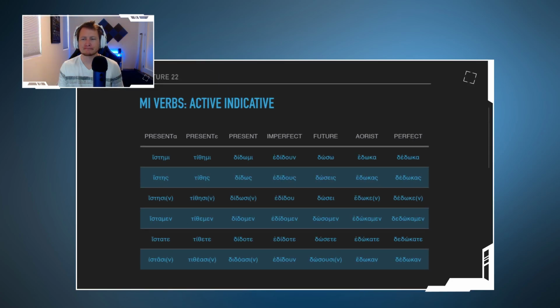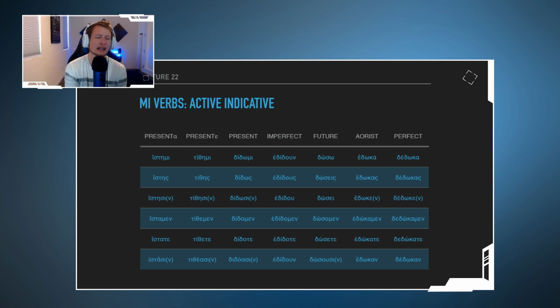Look at these. Here's histemi. The stem, I believe, is sta. But because in mi verbs it can ablaut, the alpha changes to an eta in a few instances and remains an alpha in the others.